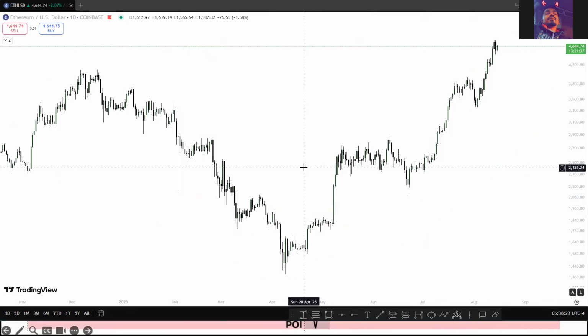Okay, now before I put in my chart drawings, I want you to look at this chart, which is a clean chart, wherein you can see the year has started here, January 2025. Now let me go ahead and put in our drawing.